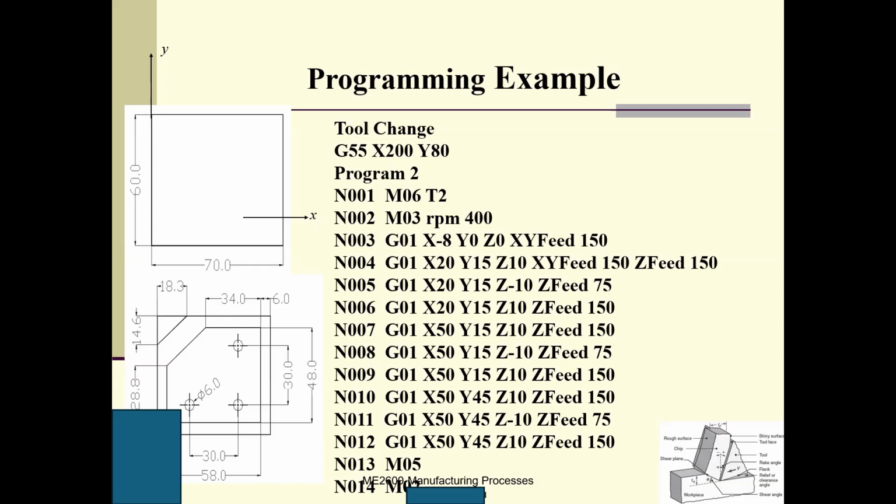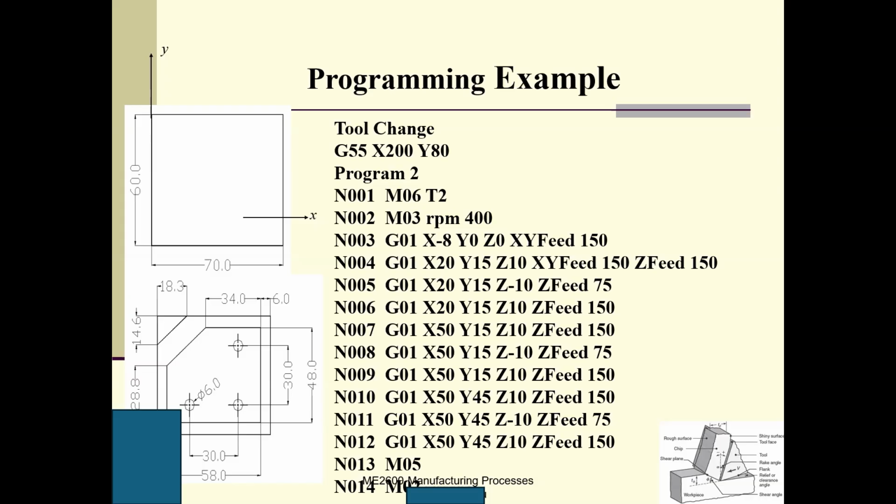So here, that means here is 50, this is 30, right? This is 30 plus 20, 50, y15, z10. After I come to another location, above the location, I need to drill, the depth is minus. Right, after I do this one, I need to retract my drill bit. I have this one.